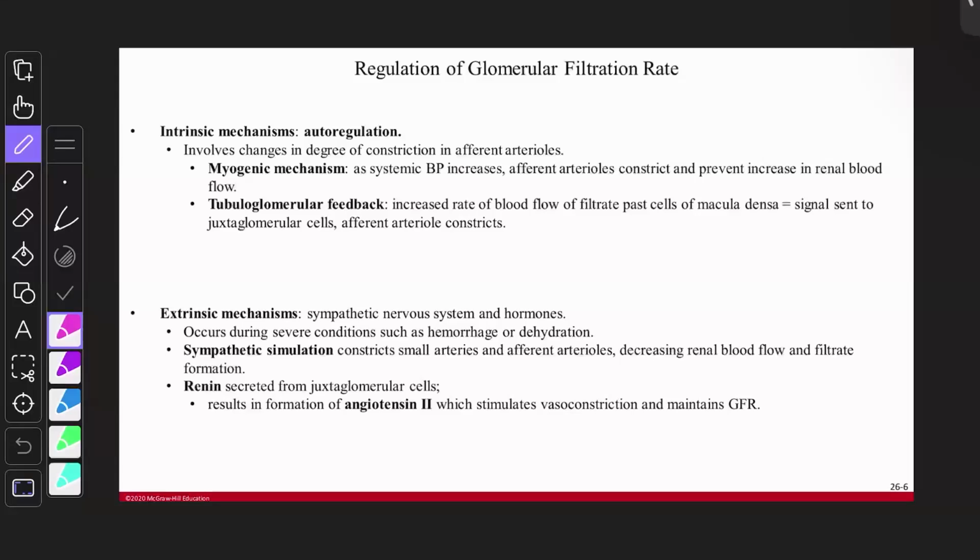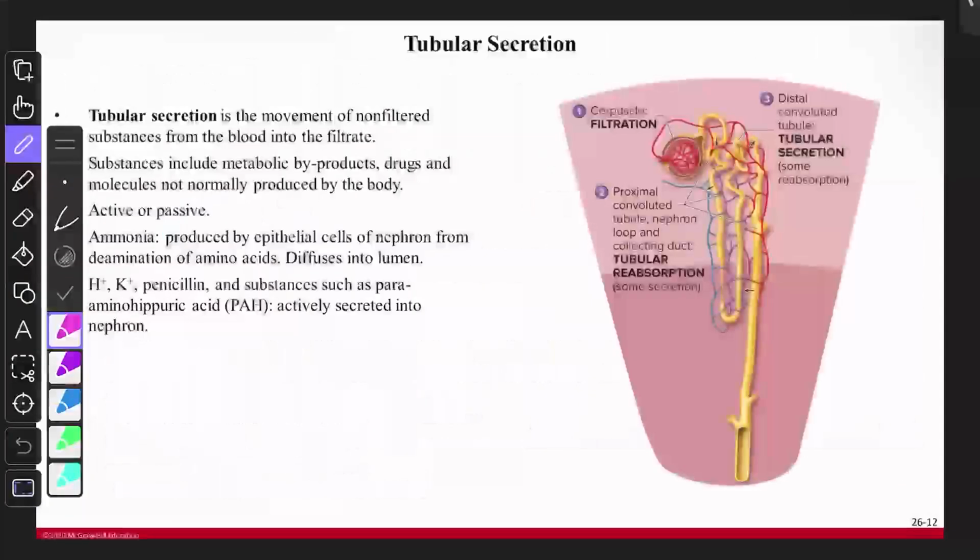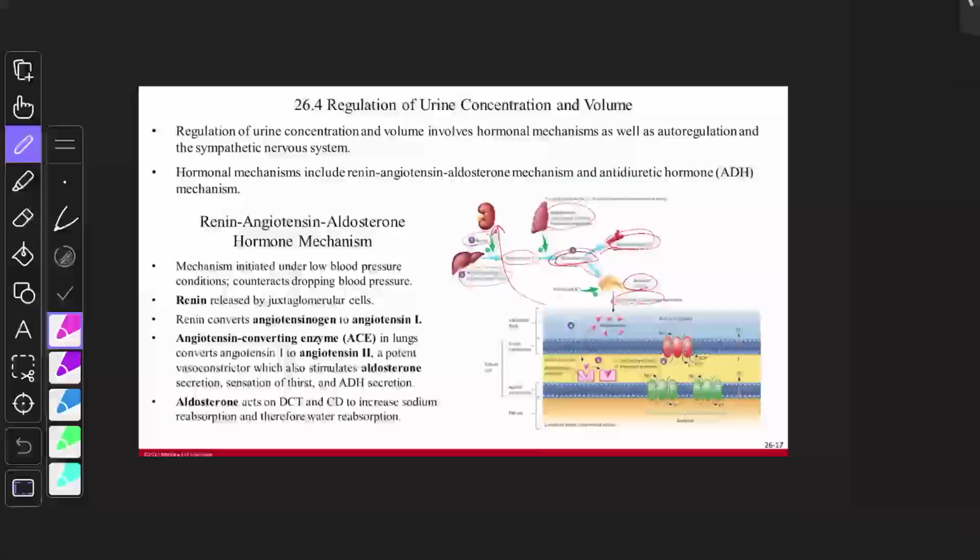The other mechanism we're going to use to increase blood pressure when blood pressure drops is renin. Do we remember renin? Okay? So here's the thing about renin. And I'm going to actually skip forward a few slides so you can see what I'm talking about. It's way up there.